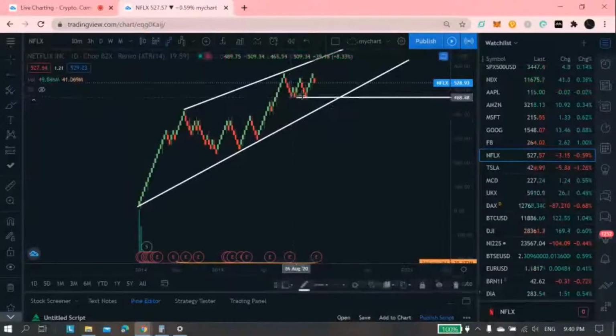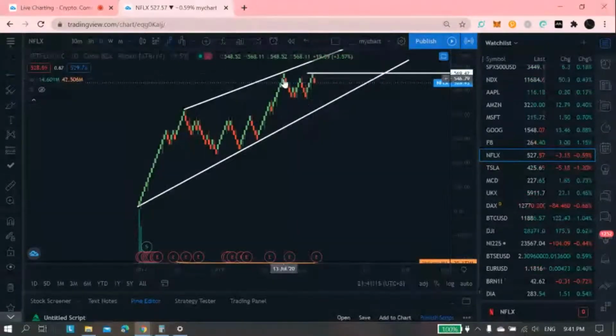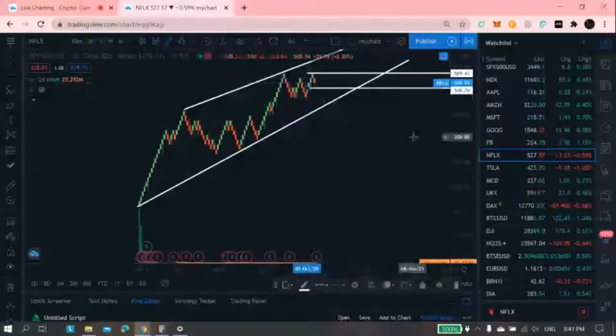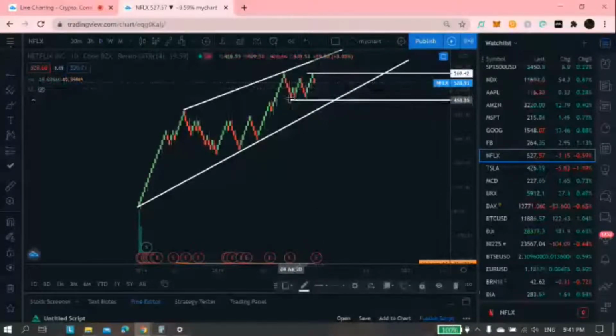But of course, as I have mentioned, its Renko chart serves as strong support and resistance here. So the resistance I'm looking at is the all-time high. And of course, the support I'm currently looking at is this area, 506. If it breaks this, the next Renko chart, of course, the strong support I'm looking at is this area.